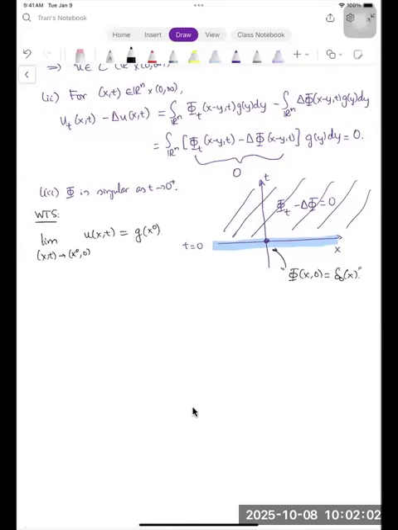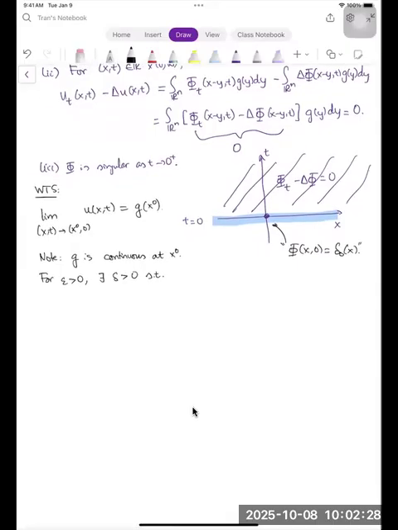Note that g is continuous everywhere, and in particular, it's continuous at x naught. So for epsilon greater than zero, there exists a delta greater than zero, such that, you can also write this in terms of modulus of continuity, it doesn't matter, such that |g(y) minus g(x naught)| is less than epsilon for |y minus x naught| less than delta.